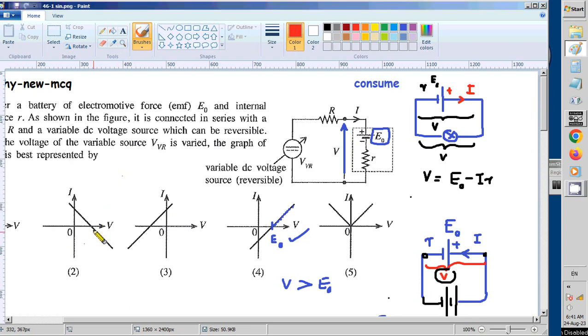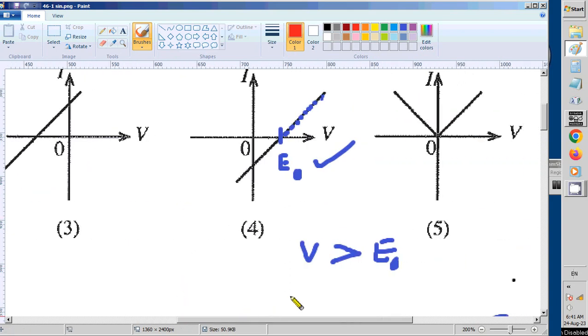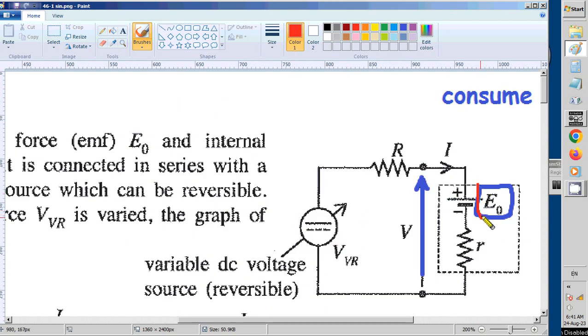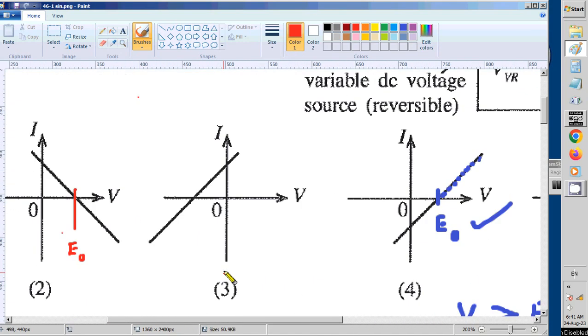So now let us talk about this graph. So this crossing value, let us say E0, that is our famous battery whose EMF is E0. So assume it is 5 volt. So here this one is 5 volt, say positive 5.